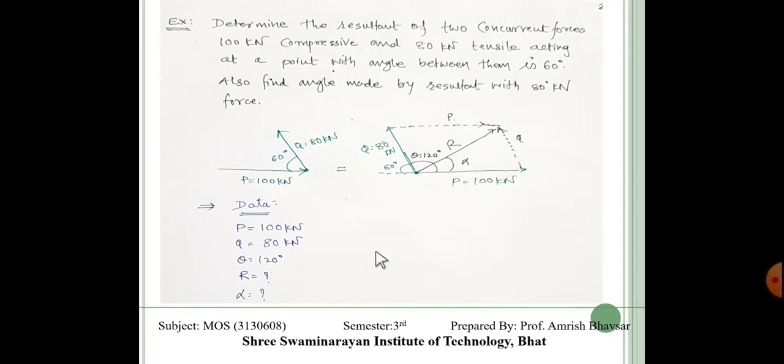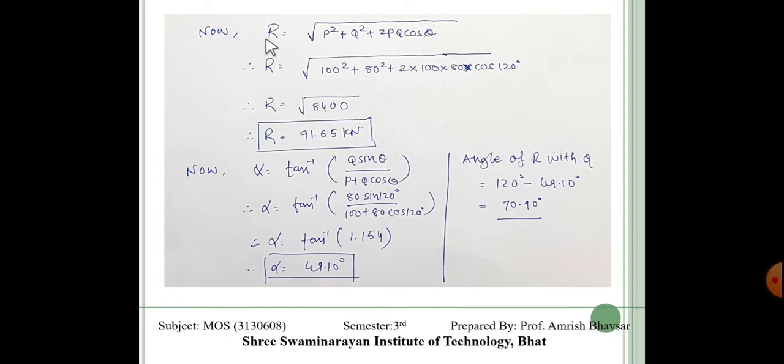Now R and alpha we have to find out, and we have equations for that. First, R is equal to under root of P square plus Q square plus 2PQ cos theta. Put the values in this equation. So we will get R is equal to under root of 8400. So R is equal to 91.65 kilonewton.